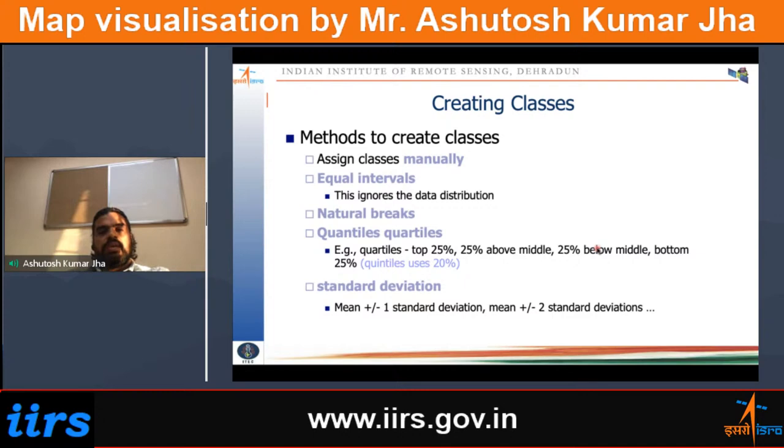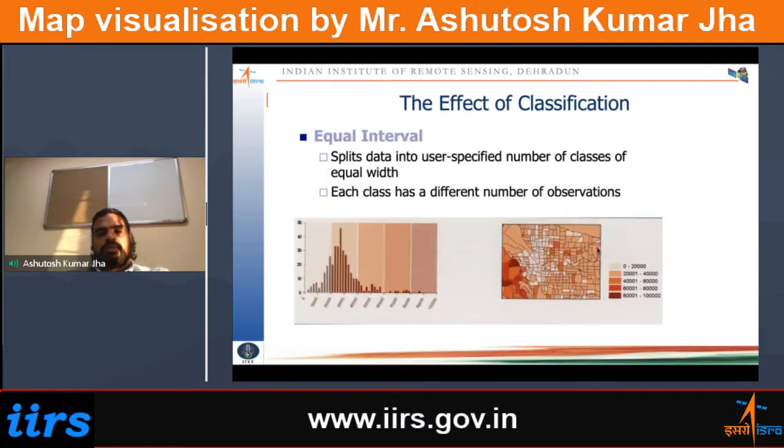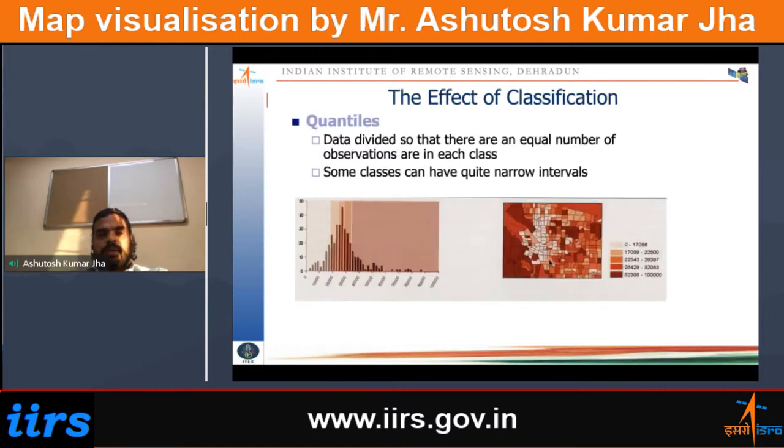So let's see, once you carry out these processes and we understand how the classification is done, the comparison of those classifications in different cases. If you want equal interval and you classify your data sets, the corresponding impact will be visible in your maps.